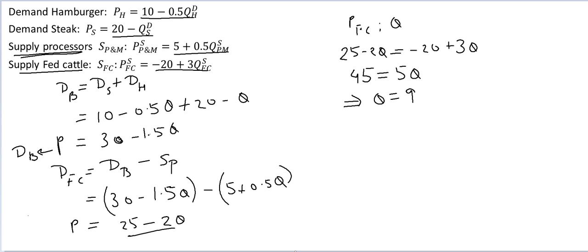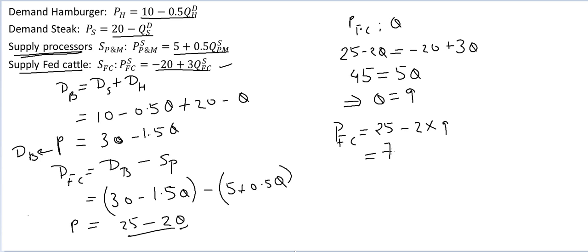Once you know your total quantity, simply plug the Q into any of these equations. You can plug the Q in here, or you can plug it right over here. So going ahead and doing that, we get price of fed cattle equals 25 minus 2 times 9, which in fact equals 7. So the price of fed cattle is now 7.